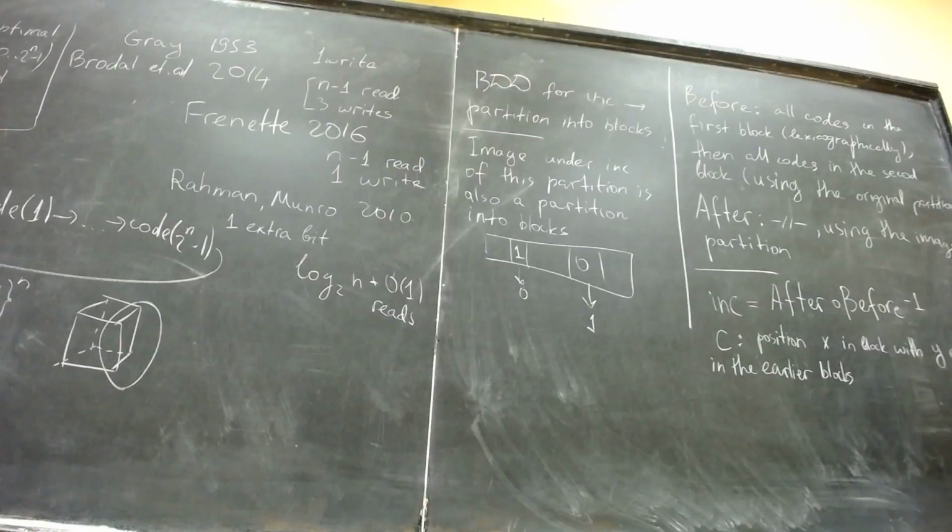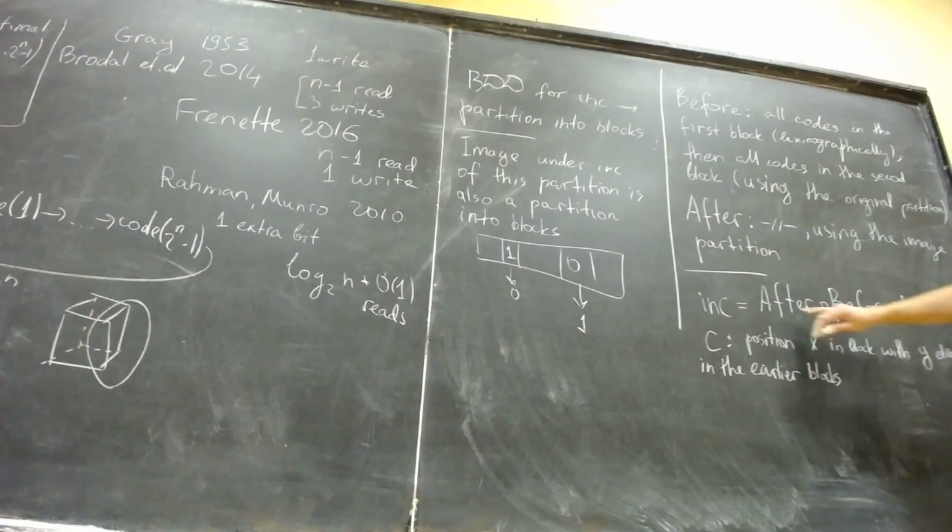It will give us x plus y. Before^-1 of C is x plus y, because by definition we enumerate all the earlier blocks, then we enumerate the current block until we reach C. So you claimed that before of x plus y equals C. Yes.